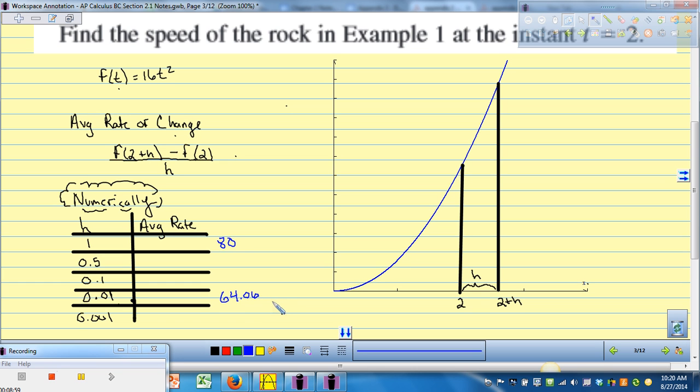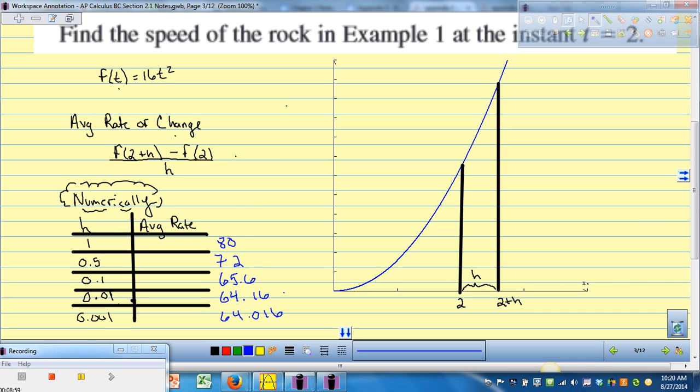Give me one more. 64.016. 0.1? 65.6. Gotcha. 0.5? All right.